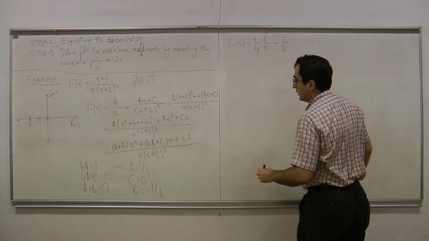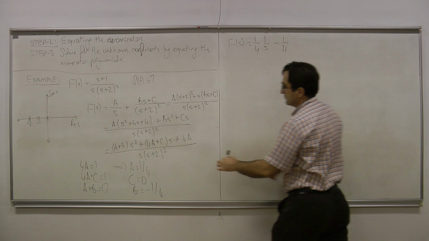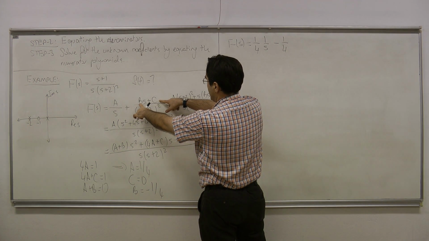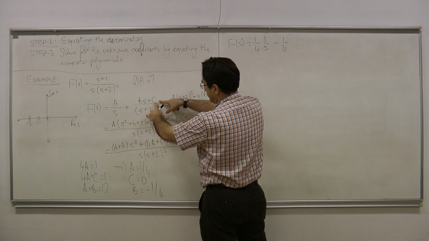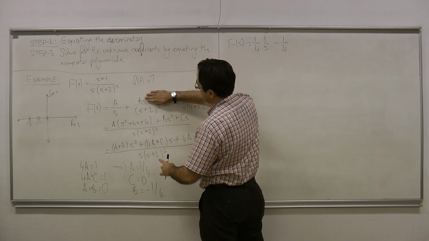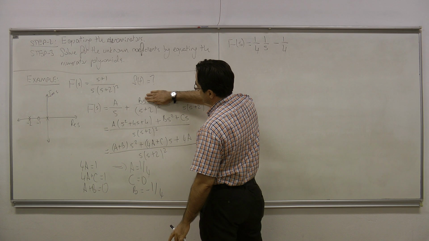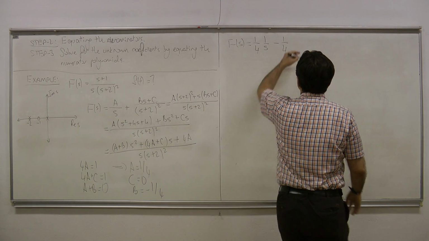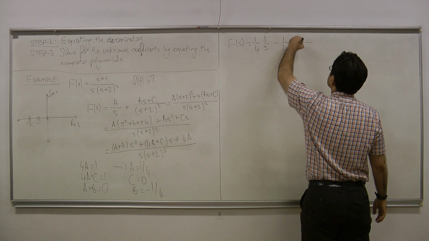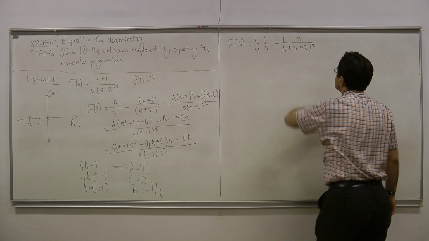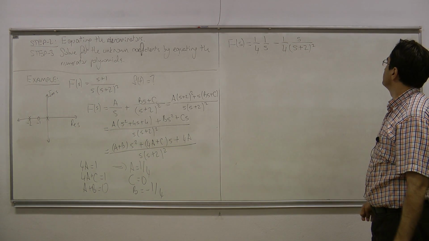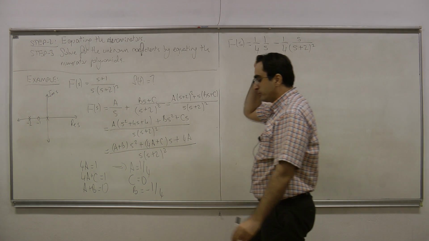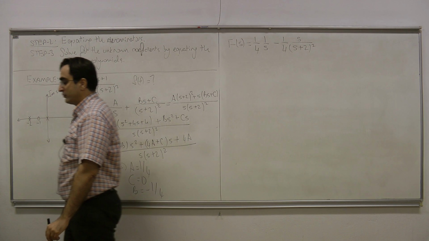Minus 1 over 4 times, so here I have this term. B is minus 1 over 4 and C is 0. So I will just have minus 1 over 4 times s divided by (s plus 2) squared.